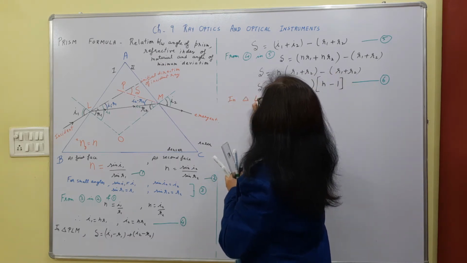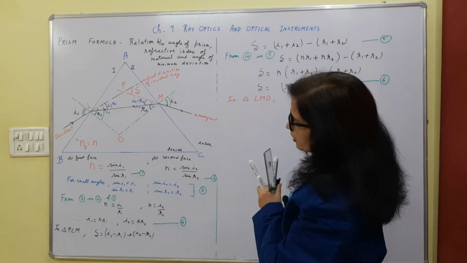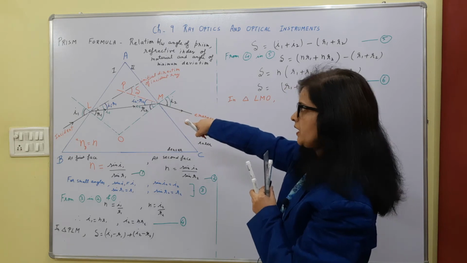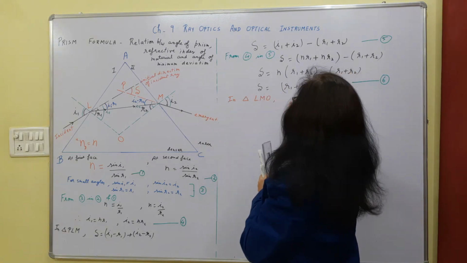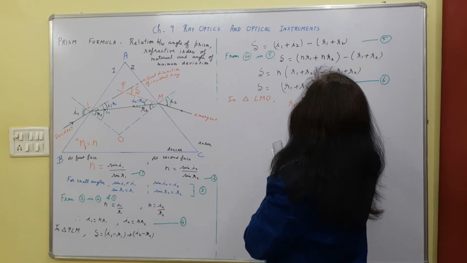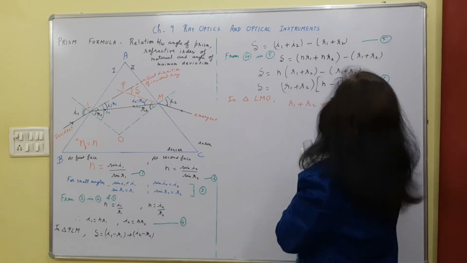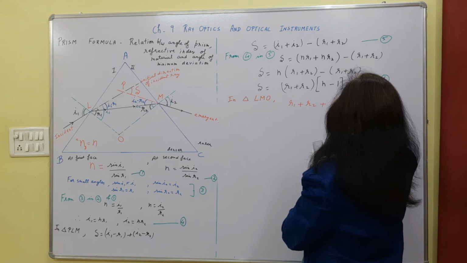Now let's consider triangle LMO. In triangle LMO, the sum of the three angles will be 180. So angle R1 plus angle R2 plus angle O will be 180 degrees.